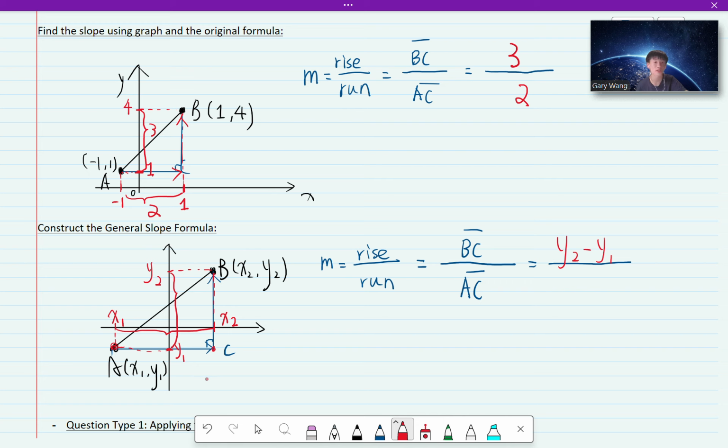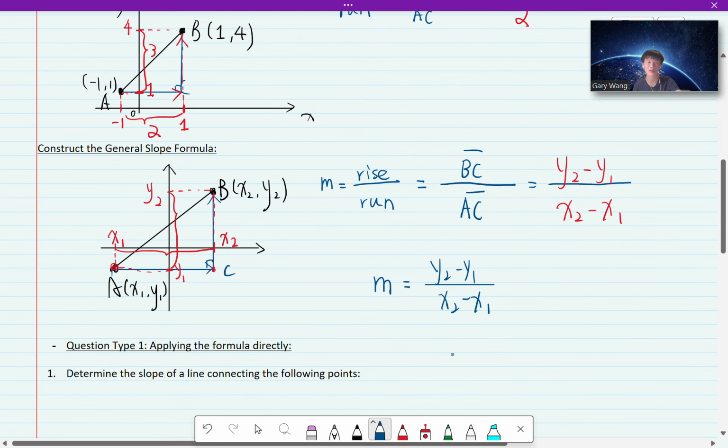If we also think about it, the distance between 2 points on the x-axis would just be a simple subtraction, the greater minus the smaller, x2 minus x1. So this formula, m equals y2 minus y1 over x2 minus x1, would be a general formula for the slope of a line.